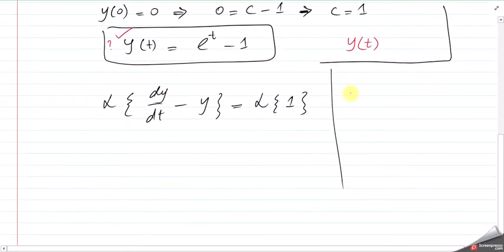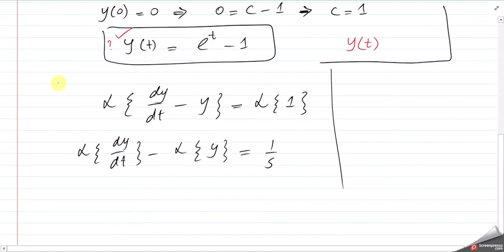Now what is going to happen? First of all, what is Laplace transform of the derivative? And what is Laplace transform of y? We don't know what y is because we have to find y.